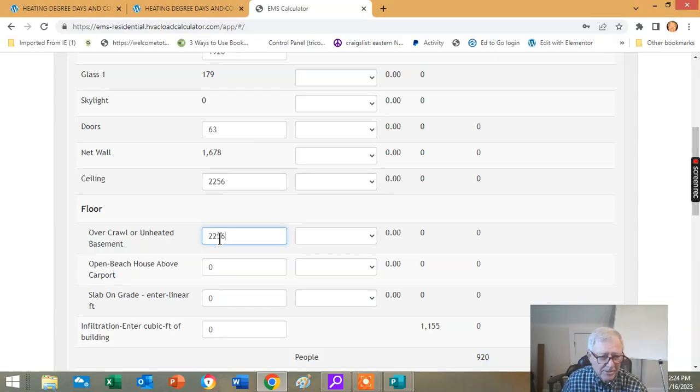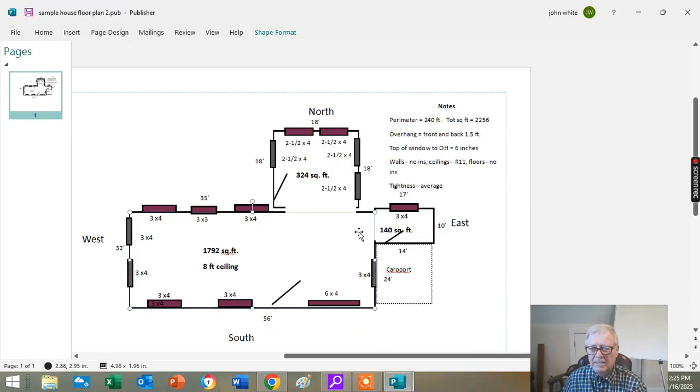Hope you're still with me. And come down here, it says infiltration, enter the cubic feet of the building. Well, I already calculated the cubic feet at one time. I know we haven't here. Okay, so the cubic feet is going to be the area times the ceiling height, which is 8 feet, right?